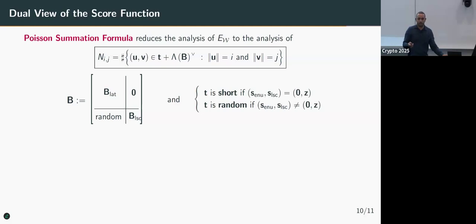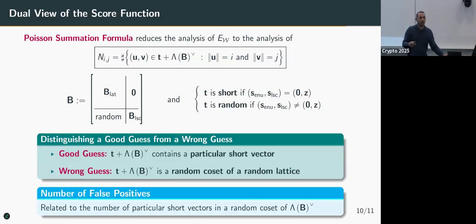Here we have to determine the distribution of N_ij. So we know the lattice, and we also know the translation vector that defines the coset. We know in particular that T is short if we make the good guess, and T is random otherwise.